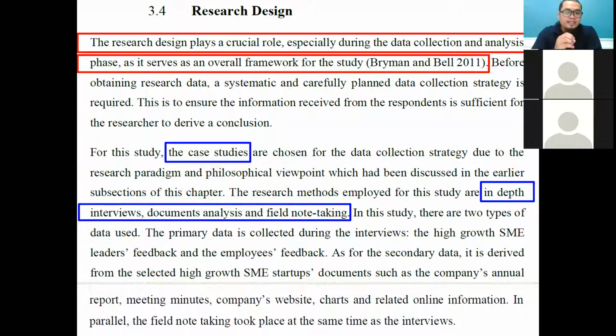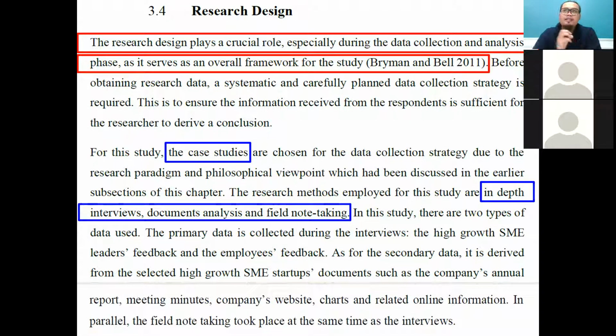Okay, second paragraph. They highlight that for this study, the case study was chosen as the data collection strategy due to the research paradigm and philosophical viewpoint which has been discussed in an earlier section and chapter. They highlight research philosophy. In some fields they use the term research paradigm; it's actually the same.